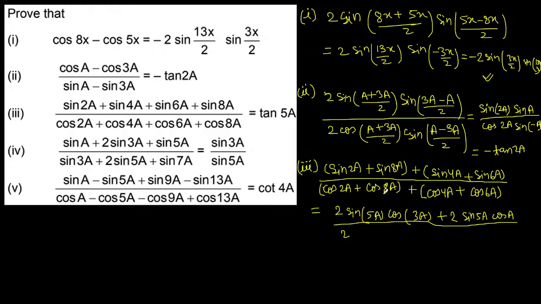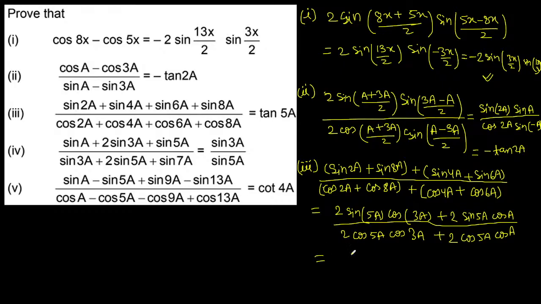If it is cos, it will stay cos: 2 cos 5a cos 3a, plus 2 cos 5a cos a.